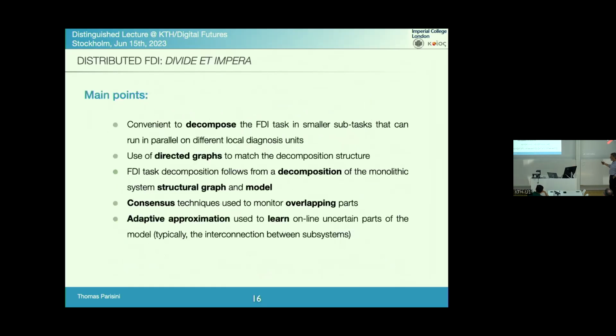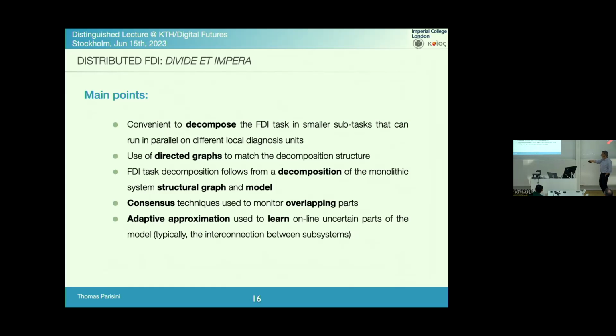Let me go back to the slide that I skipped, okay? And here is the main part that I want to highlight a little bit. I already dealt with the three bullet points here, the fourth and the fifth are important as well. When you have parts that are shared, you want to take advantage of that.